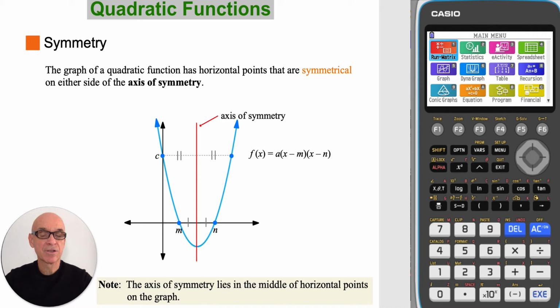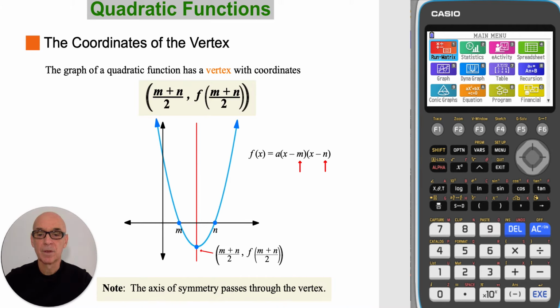And this is because the axis of symmetry lies in the middle of horizontal points on the graph. Since the axis of symmetry passes through the vertex, the coordinates of the vertex are ((m + n)/2, f((m + n)/2)).